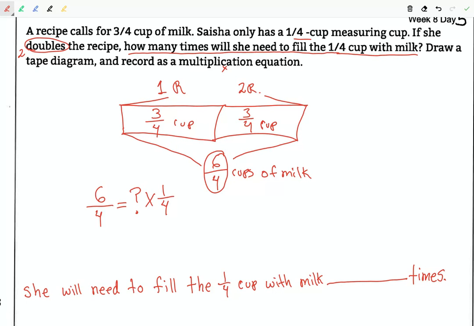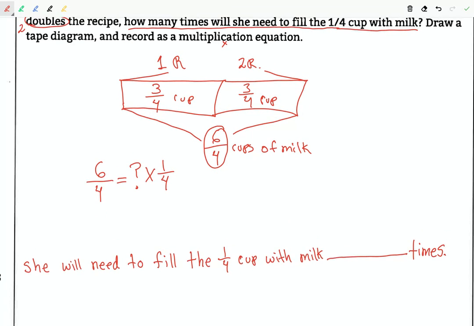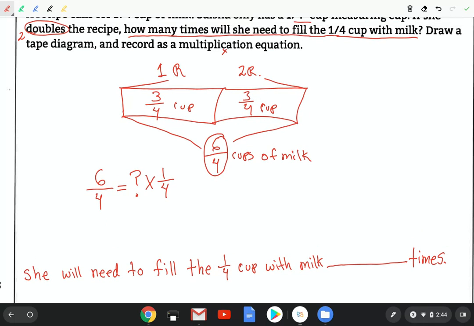The rest of it is going to be your job to find out. If you thought of another way of modeling this with a tape diagram, then you use that other way, whatever works for you. All right, and that's it for day 5 of week 8.